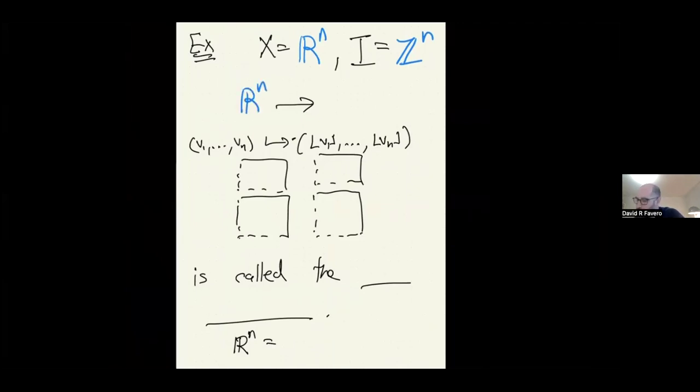This map is the floor map, okay? And this doesn't have the discrete topology, right? This has the poset topology, and this floor map is continuous, okay? And the strata are then just the cubes, these half-open cubes, okay?